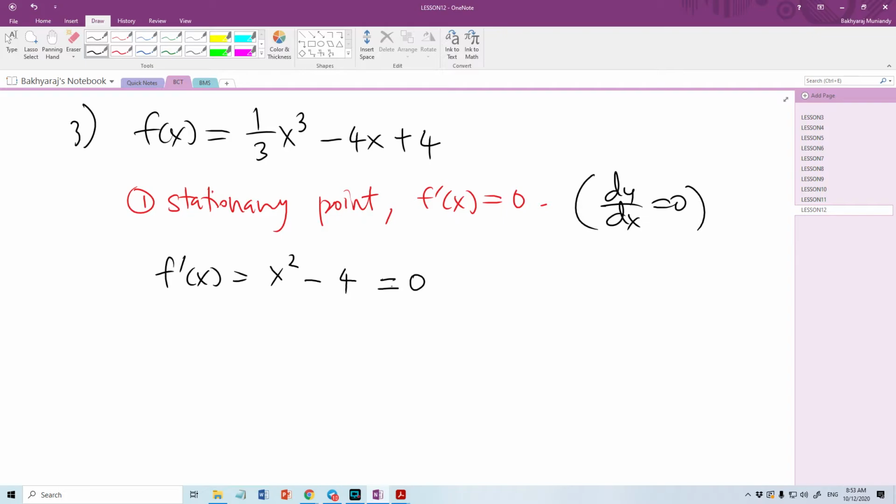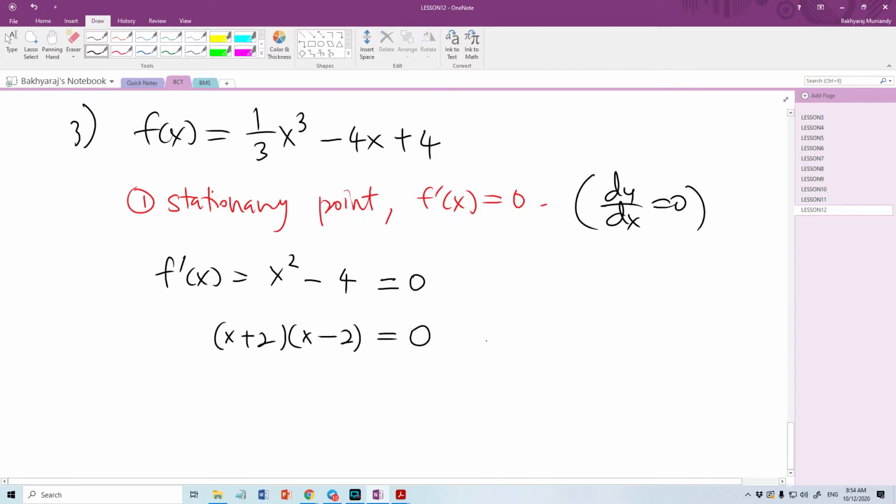When you have square, meaning that is a quadratic, mesti kena ada dua jawapan. Actually, you can do square root, but the good one is you factor dia. That will be much better. Yeah, correct. You get x positive 2, x negative 2. Very good.